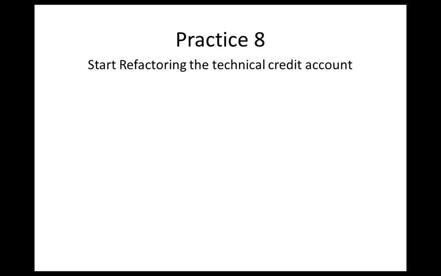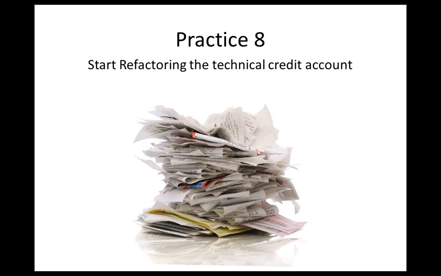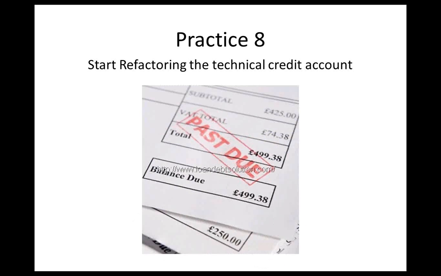The eighth practice says that you start refactoring the technical debt. What I mean here is the technical debt account, wherever we have made lots of anticipation. Look at it like having lots of card bills. What do we normally do? We cannot pay all at a time.